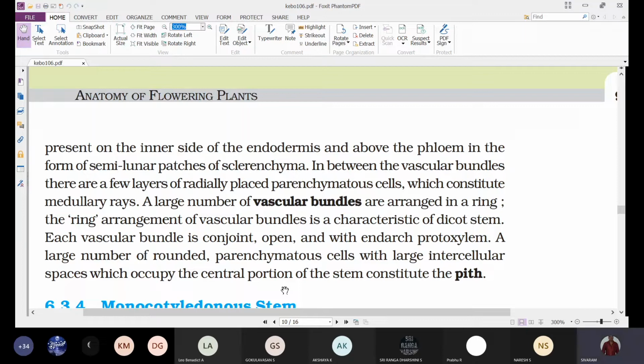We'll find semilunar patches of sclerenchyma, and these semilunar patches between the endodermis and phloem we are calling the pericycle.